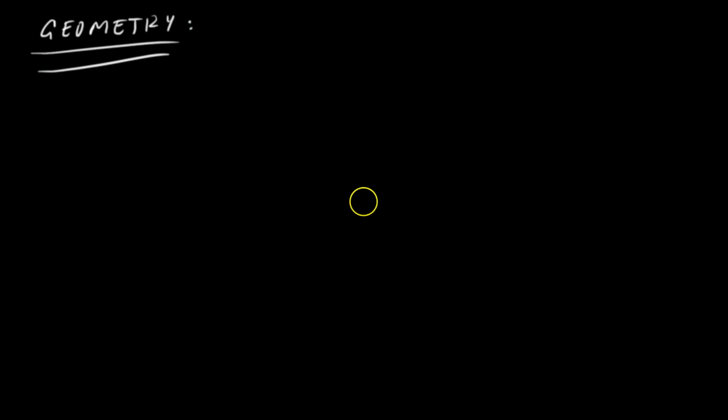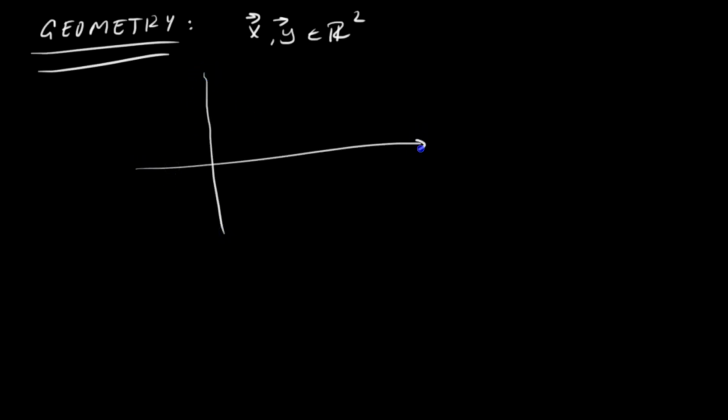So let's say we have x and y that are part of the xy plane, or the 2 dimensions. So we're going to draw our xy plane, and let's say we have a vector x and we have a vector y. So x and y.